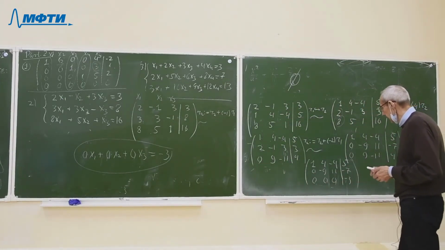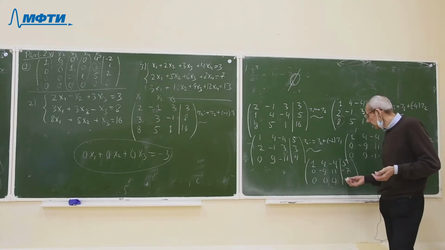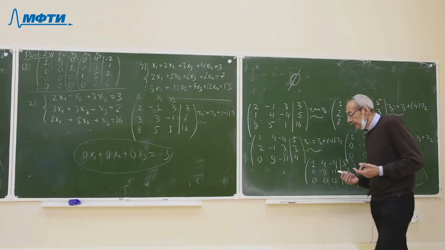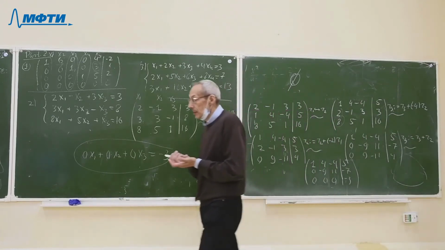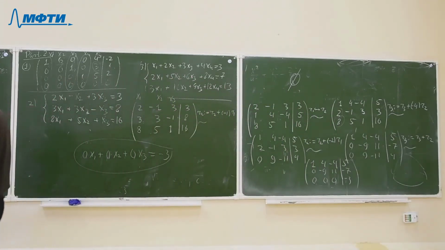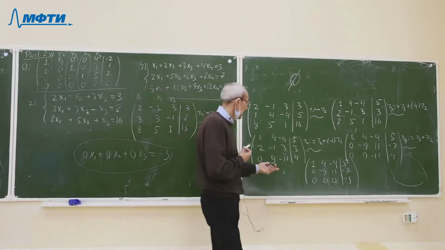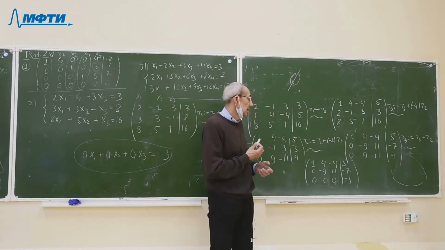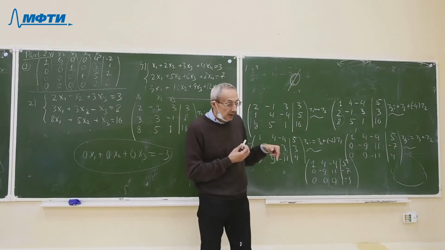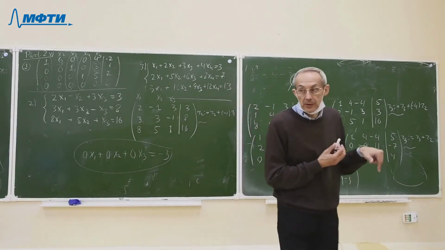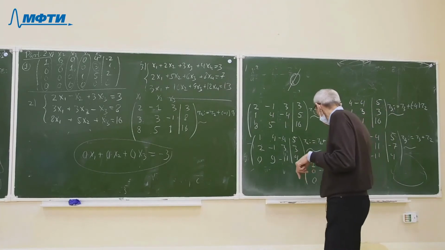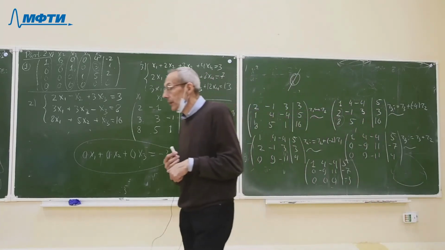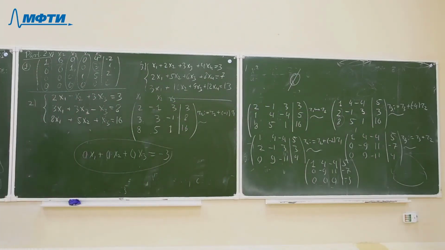reduced echelon form, because in this case there exists a row in which all the elements lying in the matrix of coefficients of the linear equation are equal to 0, but the constant term is not equal to 0, and this linear equation is contradictory.